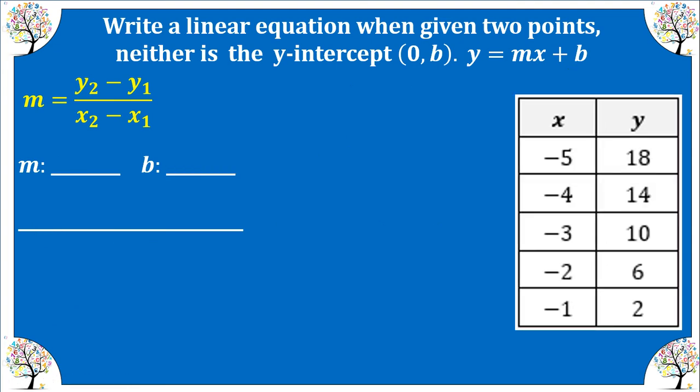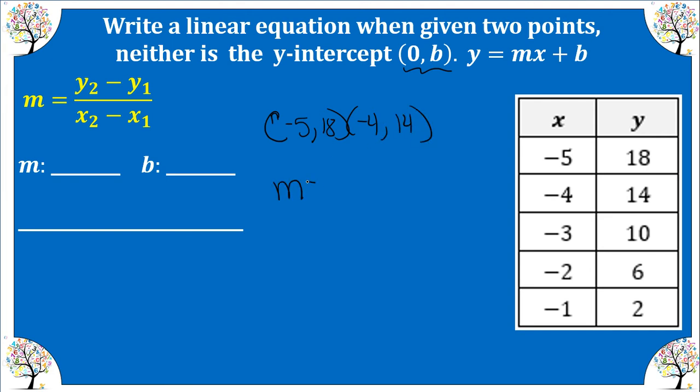Okay, let's do another one. Again, when I'm given a function table to write the equation, I'm looking to see if I've been given the y-intercept where x is 0. I have not. So the next thing that we can do is we can choose 2 points. So I'm just going to do -5, 18, -4, 14.